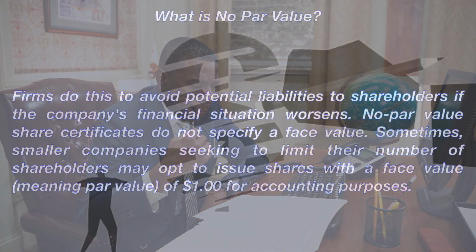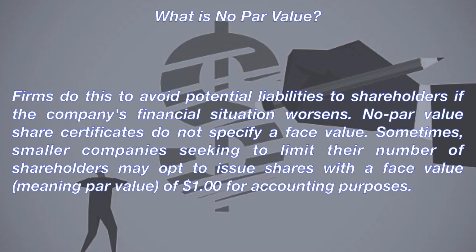Firms do this to avoid potential liabilities to shareholders if the company's financial situation worsens. No par value share certificates do not specify a face value. Sometimes, smaller companies seeking to limit their number of shareholders may opt to issue shares with a face value, meaning par value, of $1 for accounting purposes.